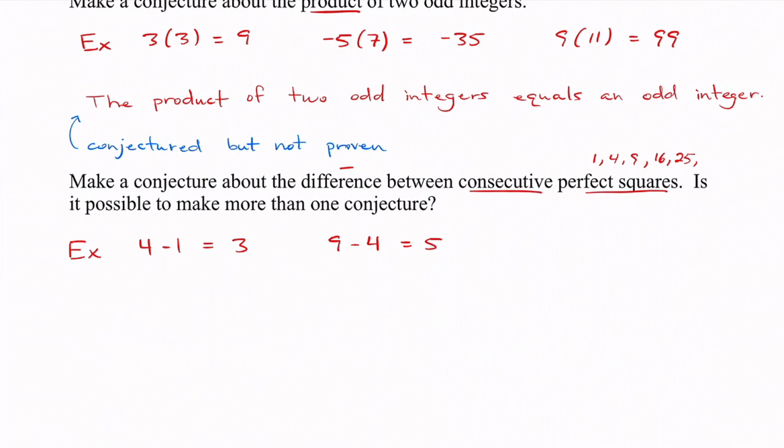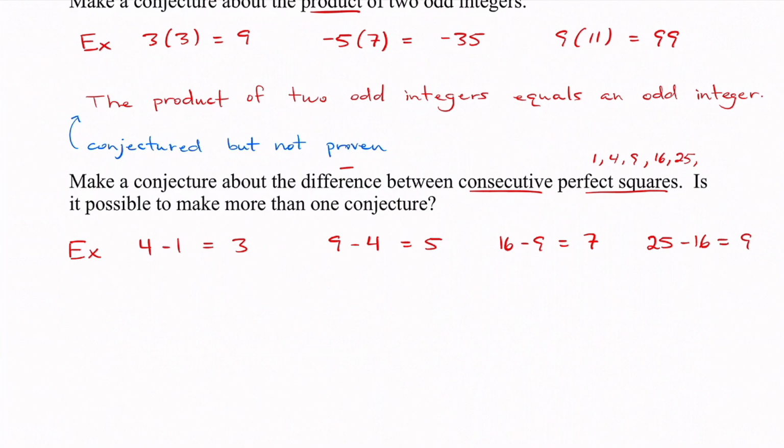Remember, they have to be consecutive, so I can't take 1 and 9, that's skipping one, that's not consecutive. Let's do 16 and 9, and when I subtract those we get 7. And we'll even do the last one, 25 minus 16, you get 9.